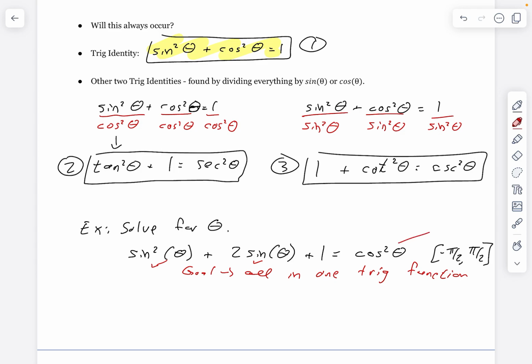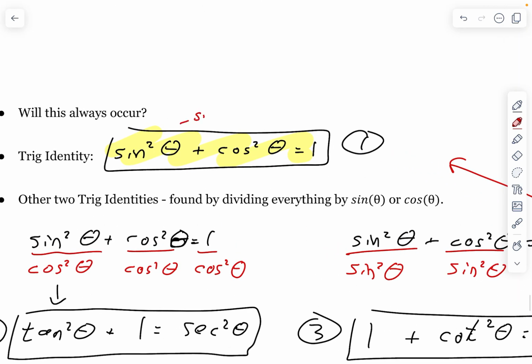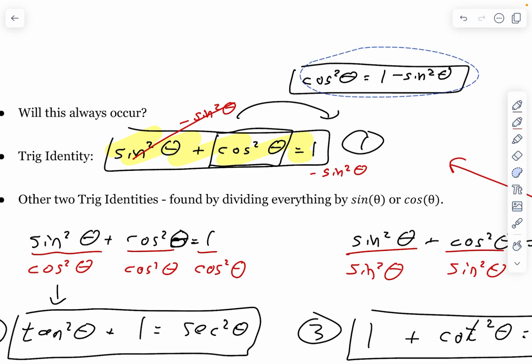Well, looking at my Pythagorean identity up here, if I rewrite cosine squared as cosine squared equals 1 minus sine squared. So I just took my identity and shifted the sine squared over. So now I have cosine squared is equal to 1 minus the sine squared.